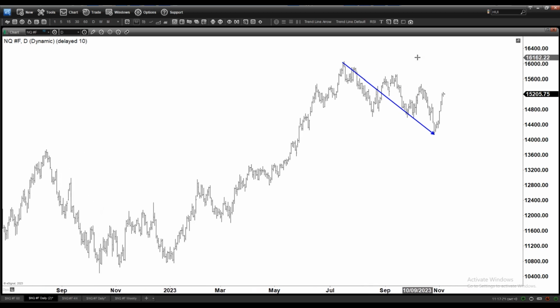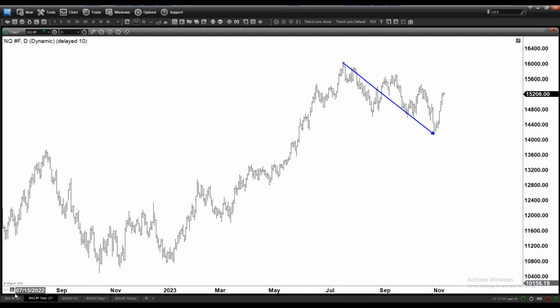So assuming there is a little bit of correlation going on between the two, we cannot rule out the idea that the Nasdaq might potentially fail below this July 19 and then turn lower again as the Russell also continues to go down.